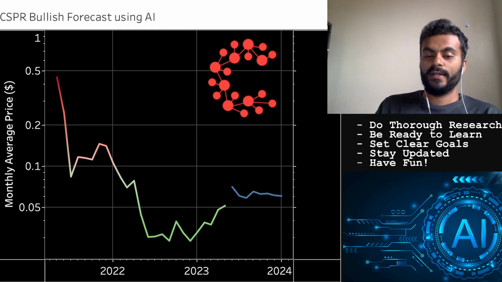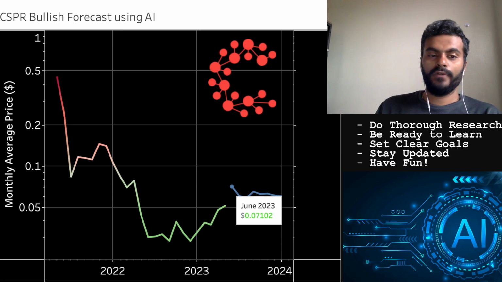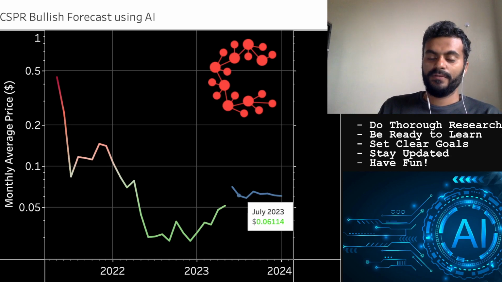With all of those calculated, the likely theoretical ceiling for this token in the month of June is almost 7 cents, based on the current price for this token.